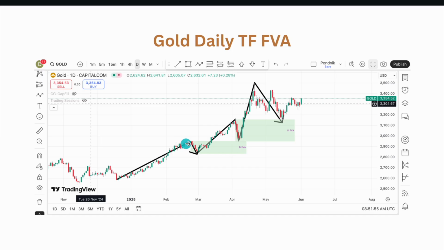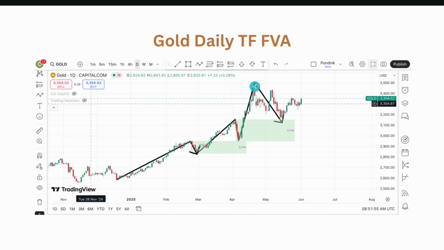After retracing to this last swing high, price has continued its bullish journey. There was no reason for price to come back down because this fair value was already offered. So after offering the fair value in this area, price has continued in the bullish trend direction.